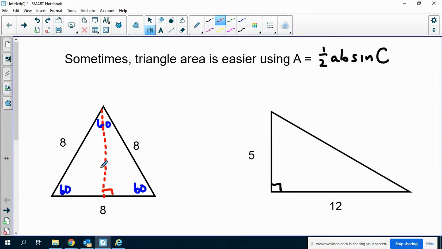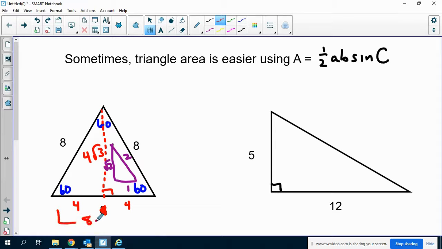I actually can find the height because this is a 30, 60, 90 triangle. So since this is 8, and it's an equilateral triangle, if I draw the altitude, I would split that into 4 and 4. And remember, if I have a 30, 60, 90 triangle, that's a 1, square root of 3, and 2. So this height would be 4 square root of 3. That's something that we learned in a previous chapter.